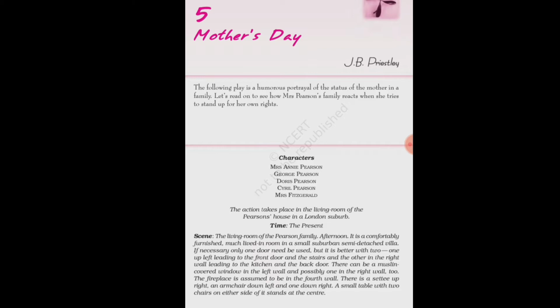So let's continue. The action takes place in the living room of the Pearsons' house in a London suburb. The time is the present.